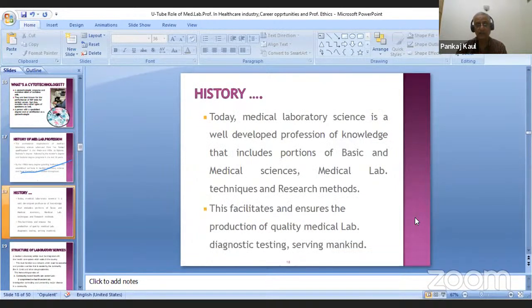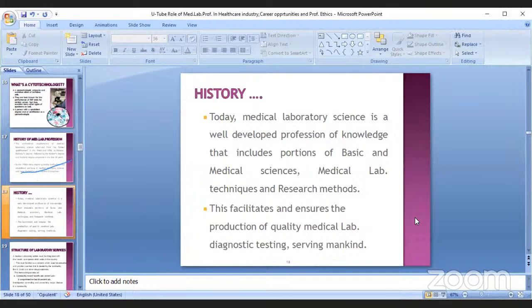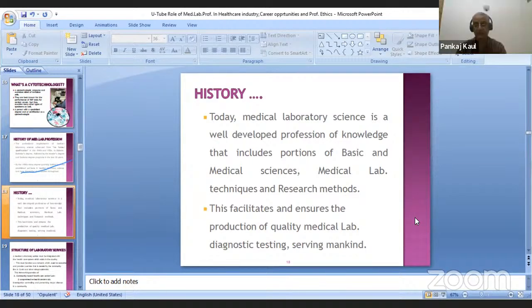Today, medical lab science is a well-developed profession of knowledge that includes portions of basic and medical science, medical lab techniques, and research methods. This facilitates and ensures the production of quality medical lab diagnostic testing serving mankind.